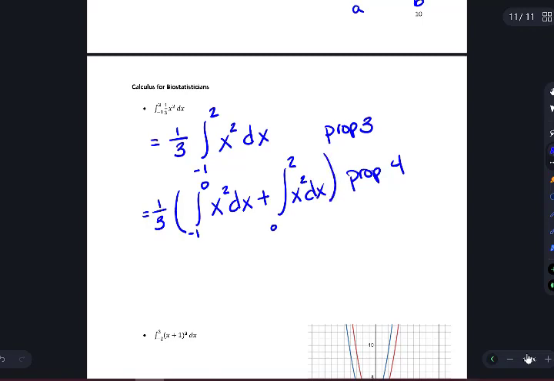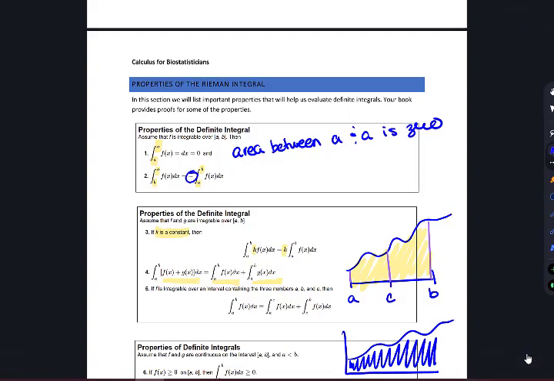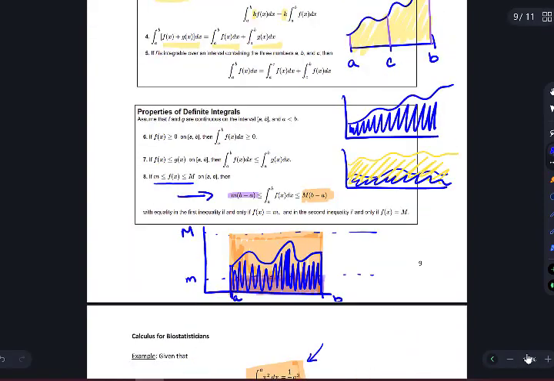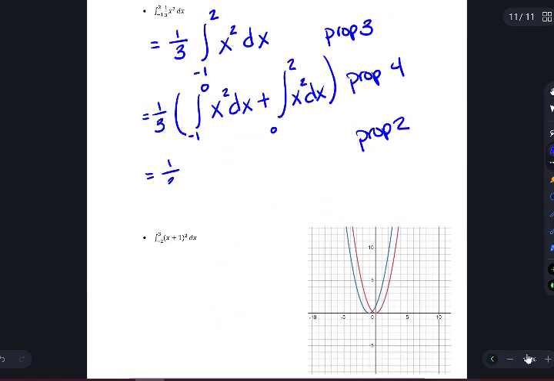Now notice the second one runs from 0 to 2, so that looks like our given information. But our first one goes from -1 to 0. So we really need 0 to be on the bottom. So notice we could then apply property 2. Property 2, if you'll recall, is the one that allows us to switch the a and the b, but we need to put a negative sign out front. So this is going to be equal to 1/3 times minus the integral from 0 to -1 of x squared dx plus the integral from 0 to 2 of x squared dx.